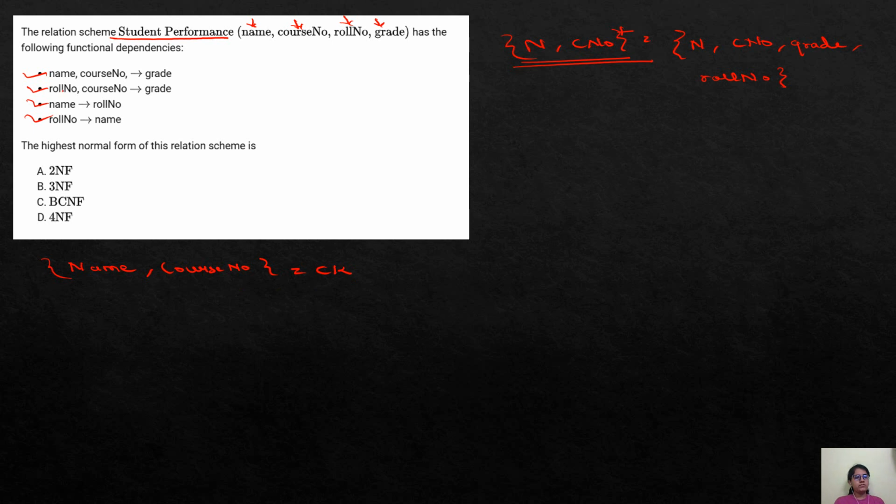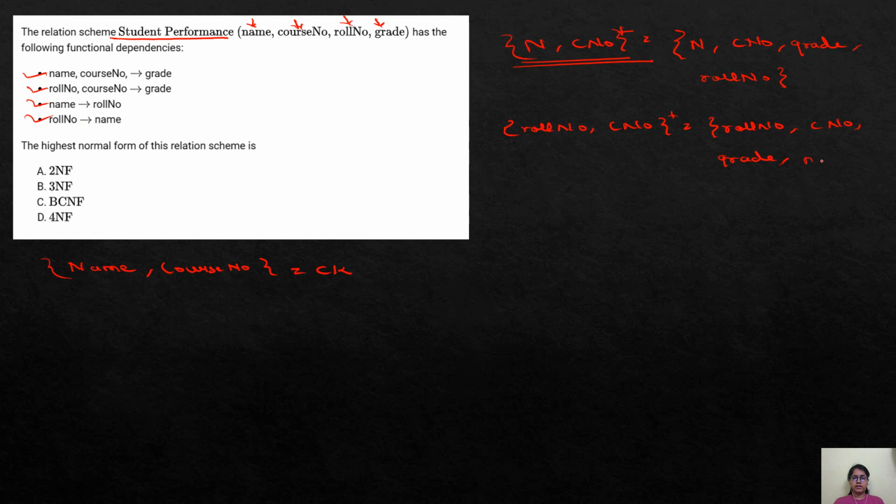Okay, now let's check roll number and course number. Do they derive all the attributes? Let's check the attribute closure. If we take the attribute closure of roll number and course number, we get roll number, course number, and here they derive grade, and name will be derived from roll number itself.